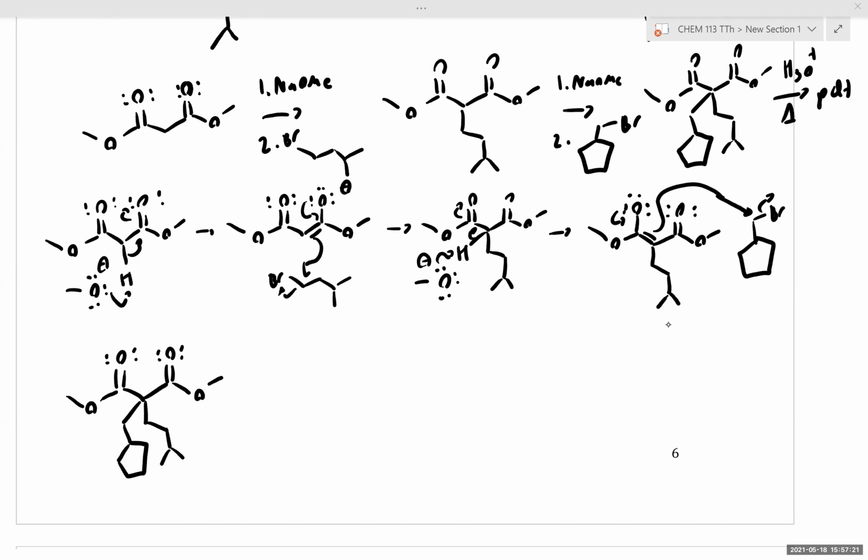Okay, so if we treat this compound with H3O plus, let's show the mechanism for hydrolysis and dehydration. So we're going to protonate our ester.